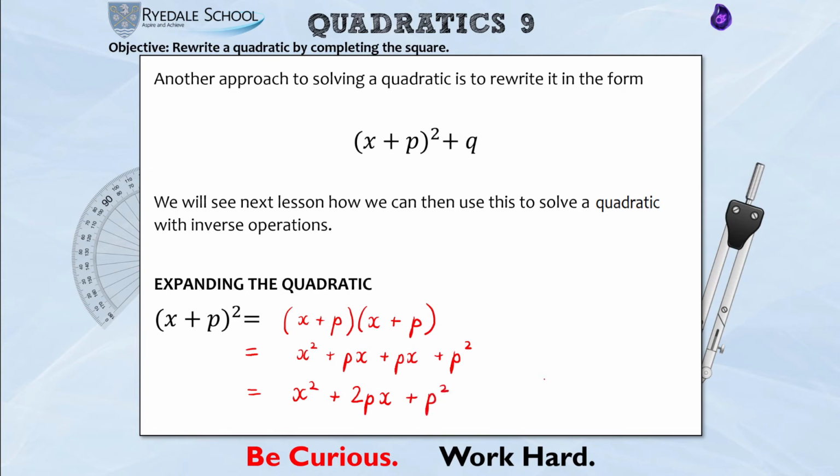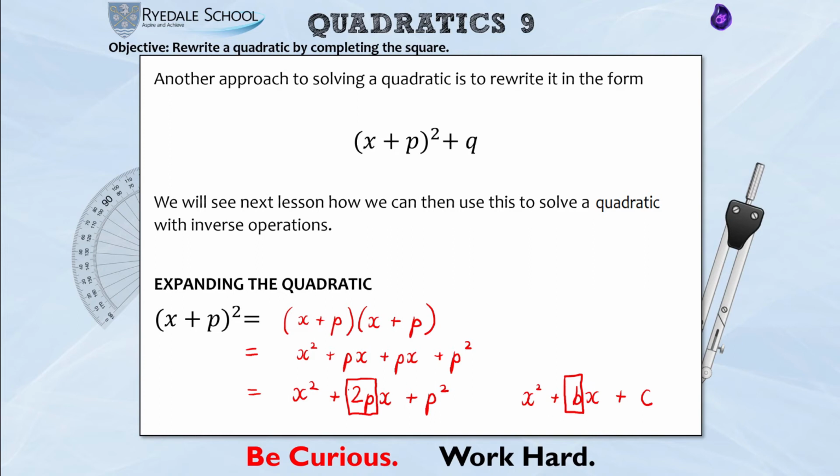Okay? Now, we're used to seeing quadratics in the form x squared, you might have a number here, but we're not going to see that today, plus so many x's plus a number. And what I would like you to quickly see here is that 2p is the same as this value, the coefficient of x.